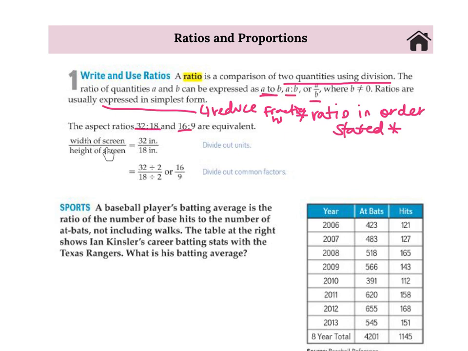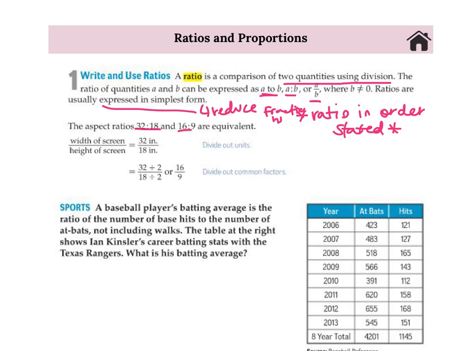This would be maybe like a TV. 32 to 18 units or inches. If we were to simplify that, we can factor out a 2 or divide by that 2, giving you 16 to 9. So whether you have 32 to 18 or 16 to 9, they are the same. 16 to 9 is just the more simple form.